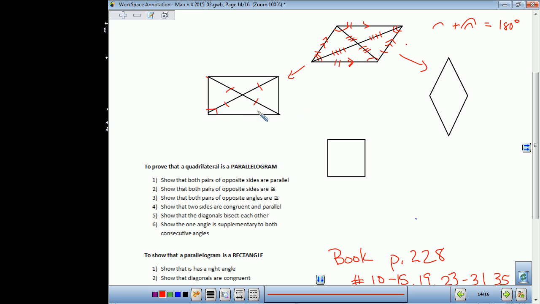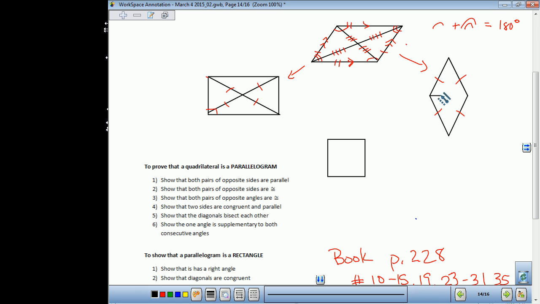If it has 1, then it will have 4 because a rectangle is a parallelogram. Remember, everything that's true about the parallelogram is also true about the rectangle. Everything that's true about the parallelogram is also true about the, what's this figure? Rhombus. And by definition, a rhombus has 4 congruent sides. By definition, a rectangle has 4 right angles, right?